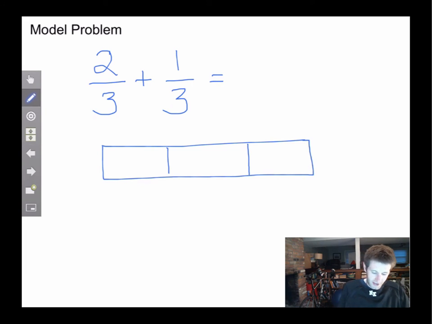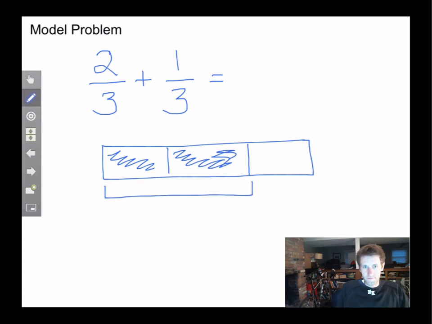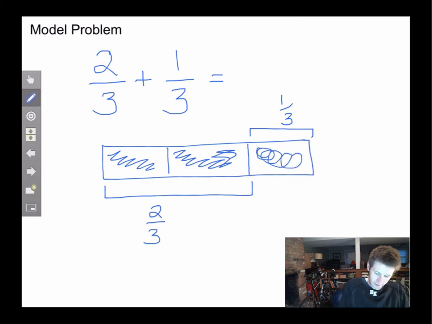So I start with 2/3. Right here I have 2/3 that I've colored in, and I'll illustrate it down here with this label, and I need to add another third to it. So I need to add 1/3. I'll give it a slightly different design.